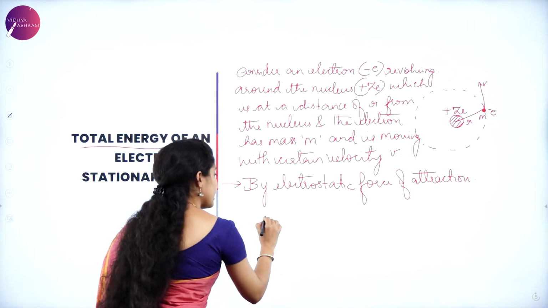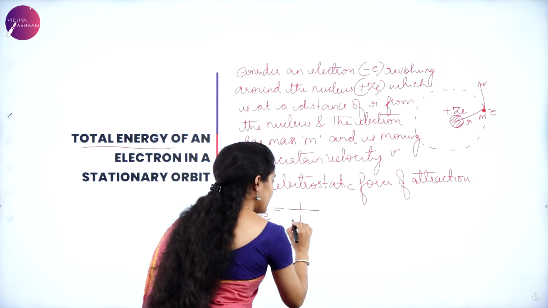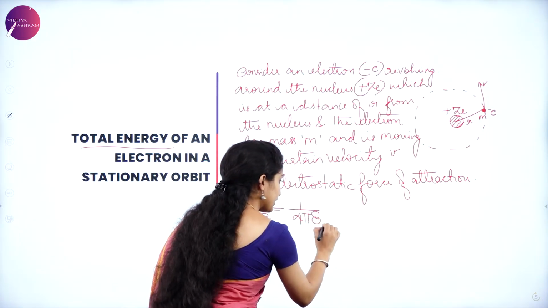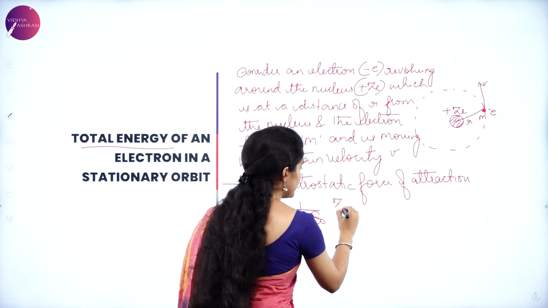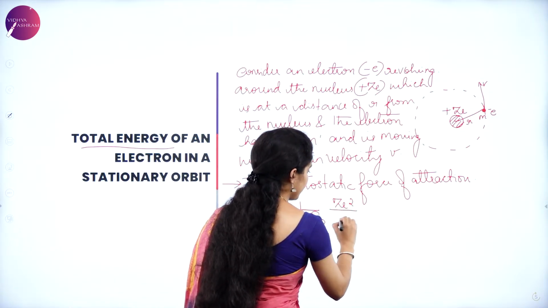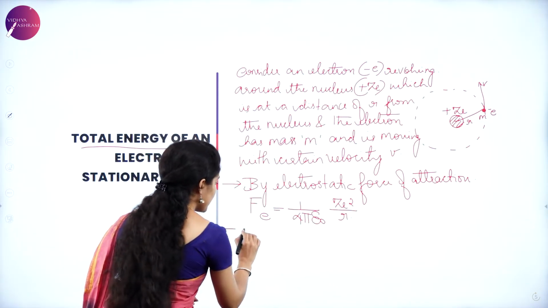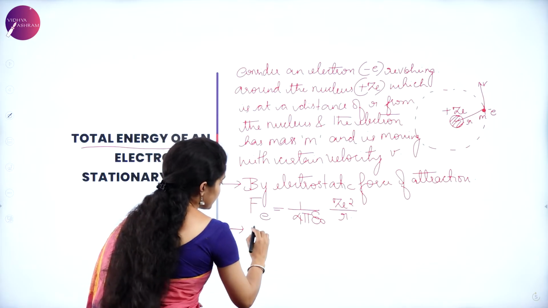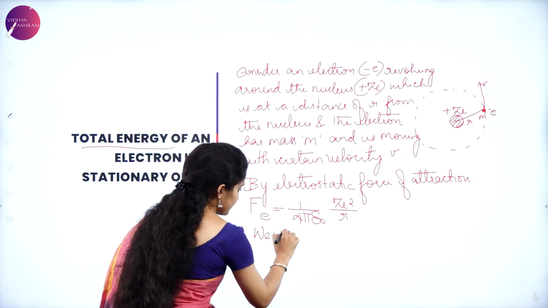We have electrostatic force is equal to 1 by 4 pi epsilon naught, ZE square divided by R. Next, we have centripetal force.